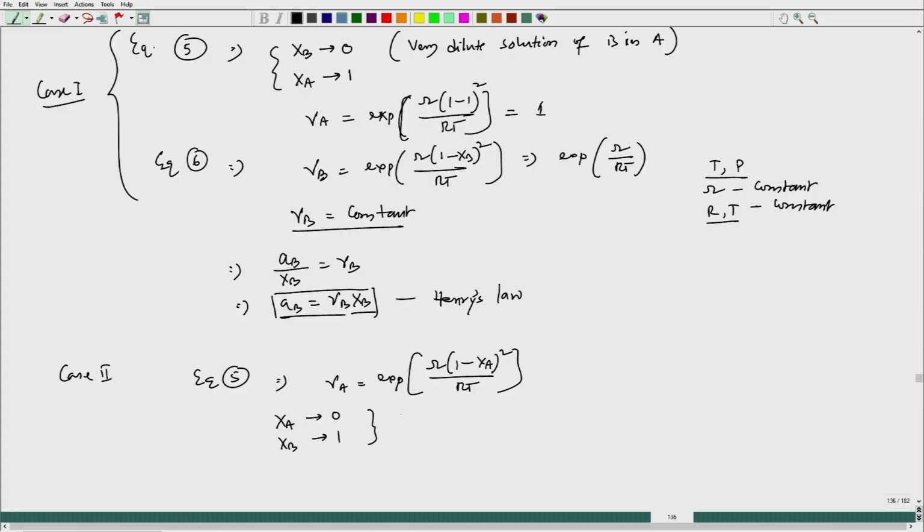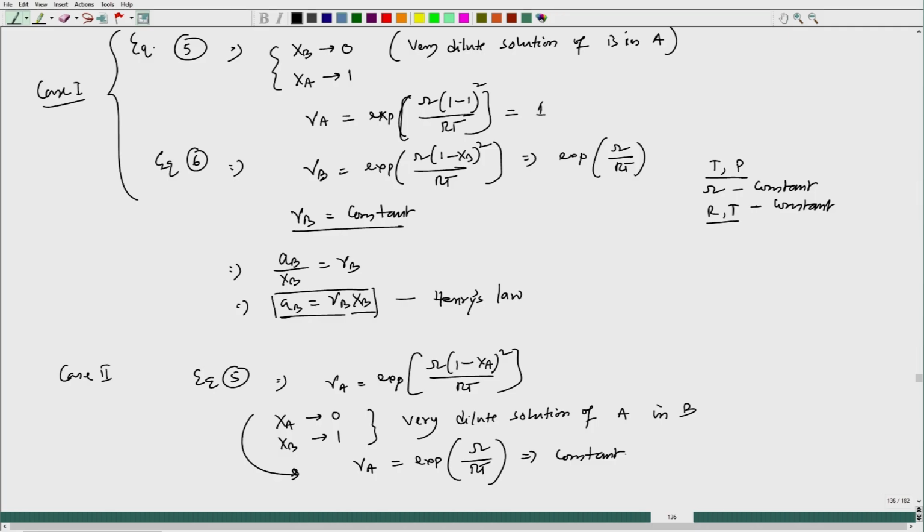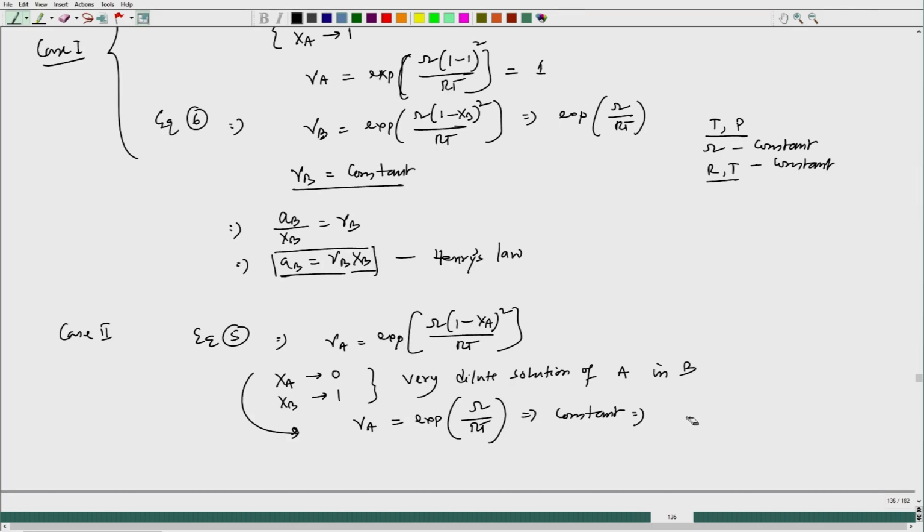It means we are taking a very dilute solution of A in B. Once we do that, γA is coming out to be exponential of ω by RT, which is nothing but a constant. We can write AA equal to γA XA, which is the statement of Henry's law.